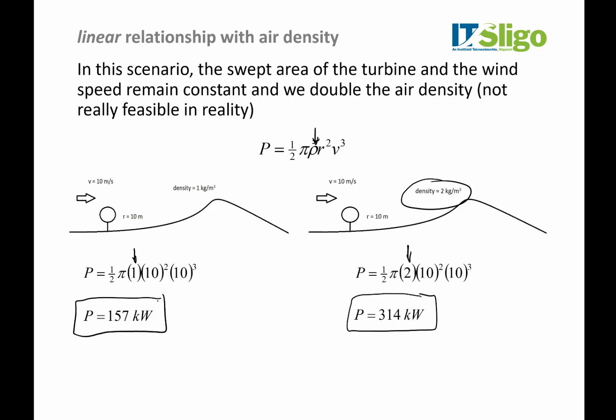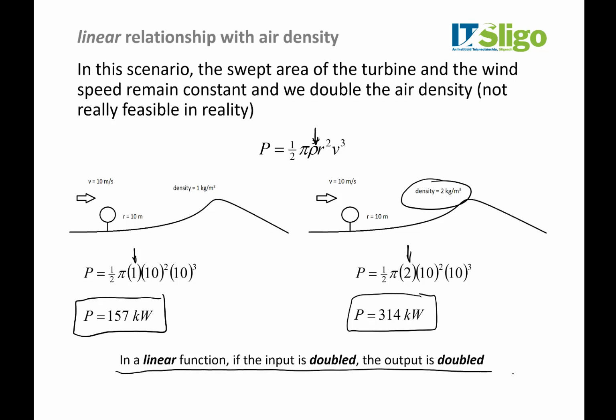So if we double the air density, that doubles the power, because there's a linear relationship between power and density. From the first set of lectures, in a linear function, if the input is doubled, the output is doubled.